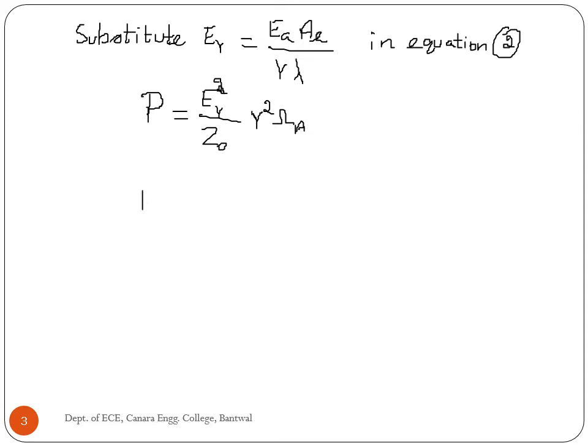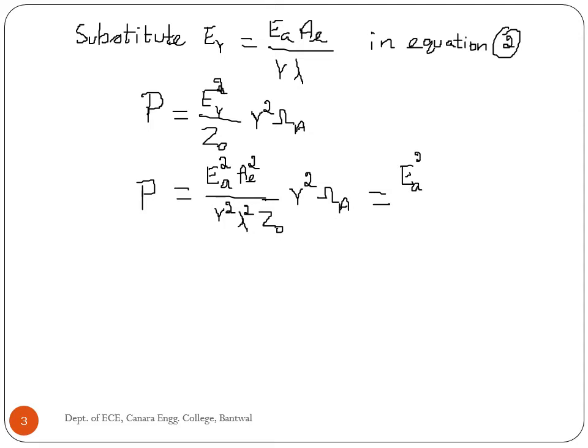When I substitute the above ER equation, EA square AE square divided by R square lambda square into Z naught, multiplied with R square and beam area. When I simplify this, the remaining terms are EA square AE square divided by lambda square Z naught into beam area. This is equation 3.